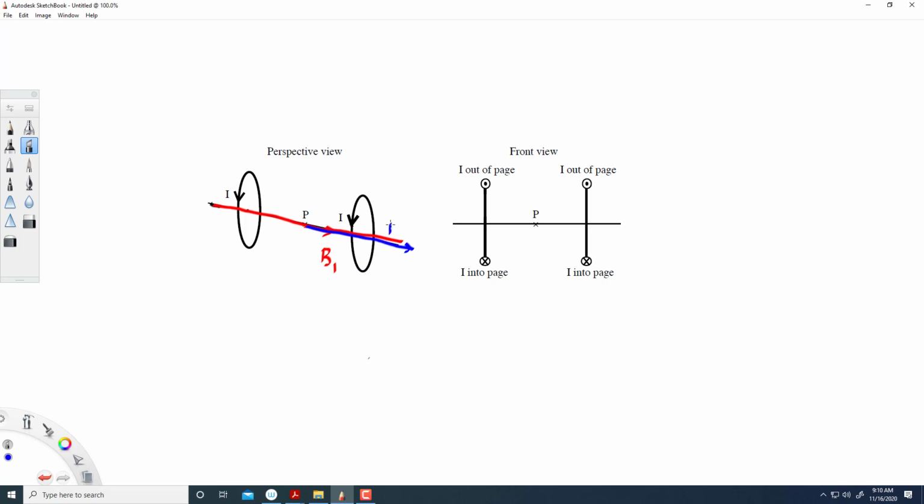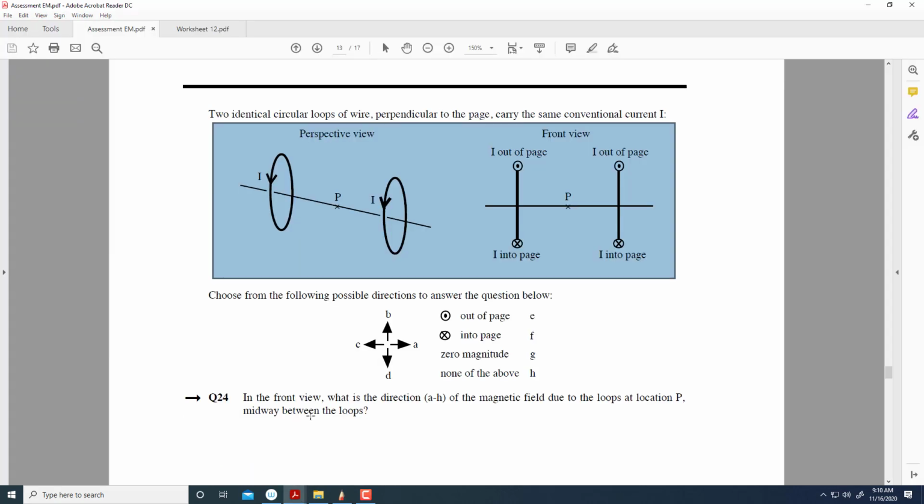Okay. And then at that point, both are pointing to the right. That means the net magnetic field would be to the right. That means A would be the right answer.